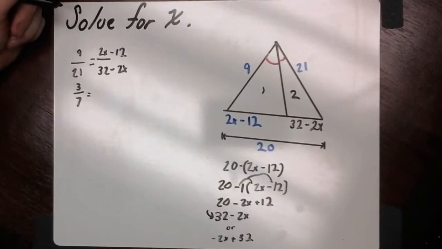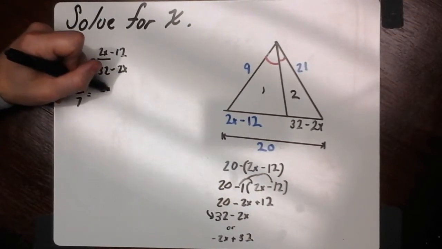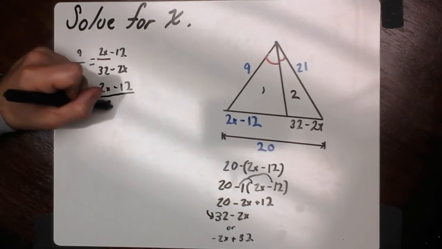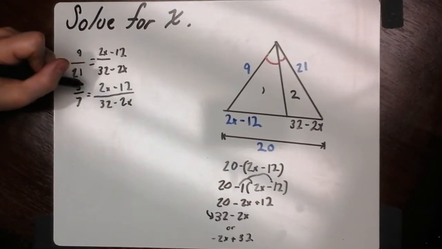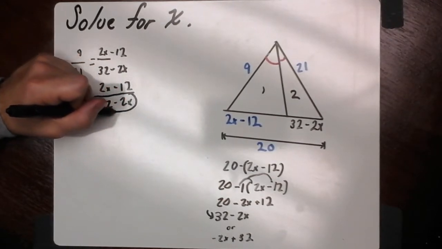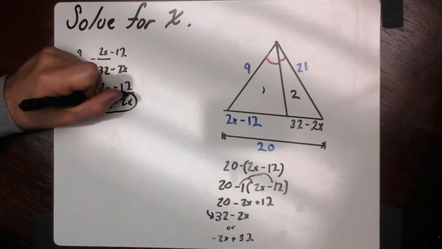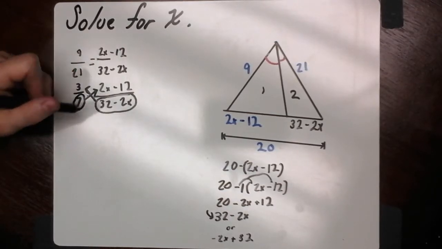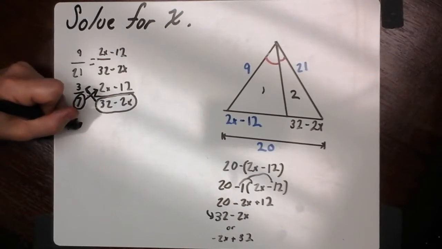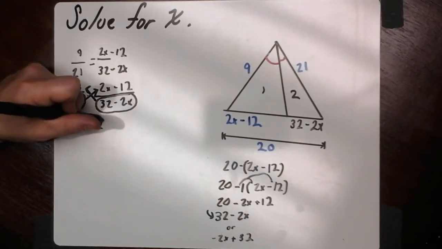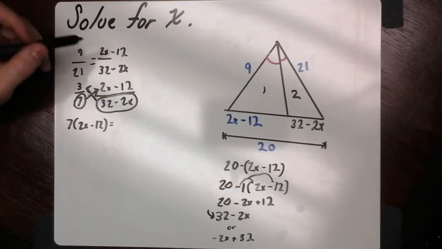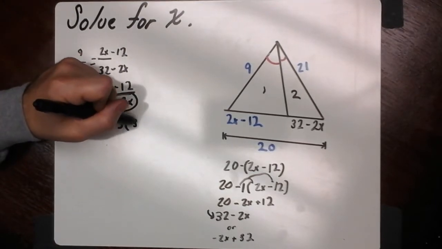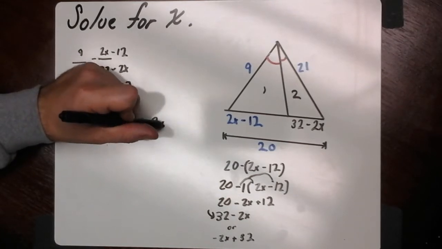It's not perfect, but it helps just a little. So now I'm going to cross multiply. So this expression, 32 minus 2x, is going to go to 3. And then 7 is going to go to that. So I have 7 times 2x minus 12 equals 3 times 32 minus 2x.